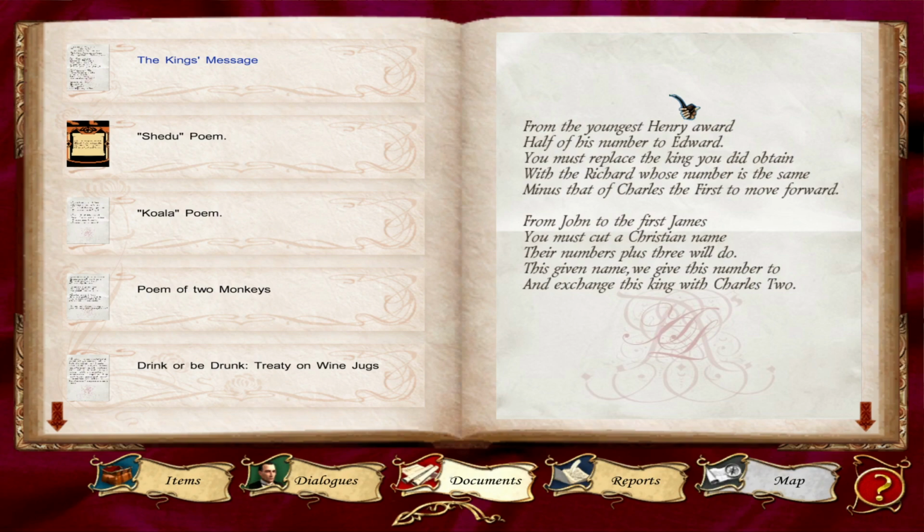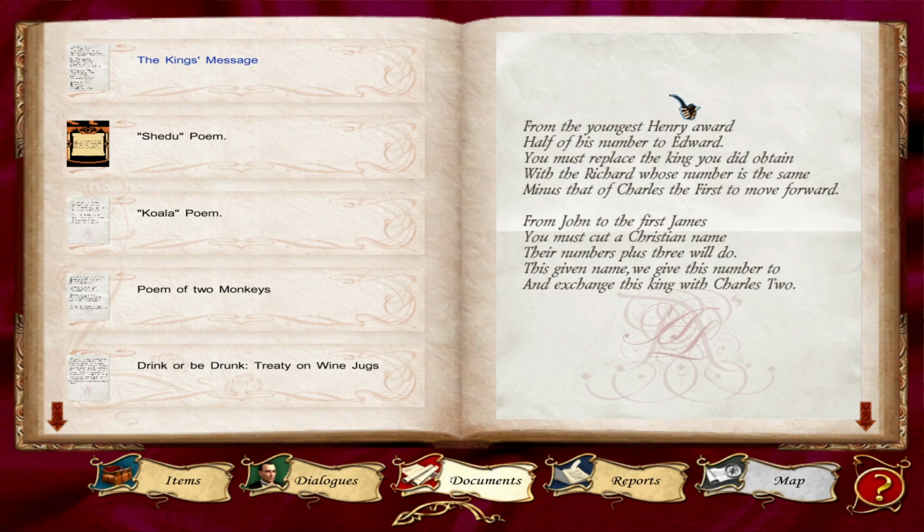So we start with Henry the Eighth. Half of his number to Edward, so Edward the Fourth. Replace it with Richard, who is the same number minus Charles the First. So that would be Richard the Third. We're taking Edward the Fourth and replacing it with Richard the Third.